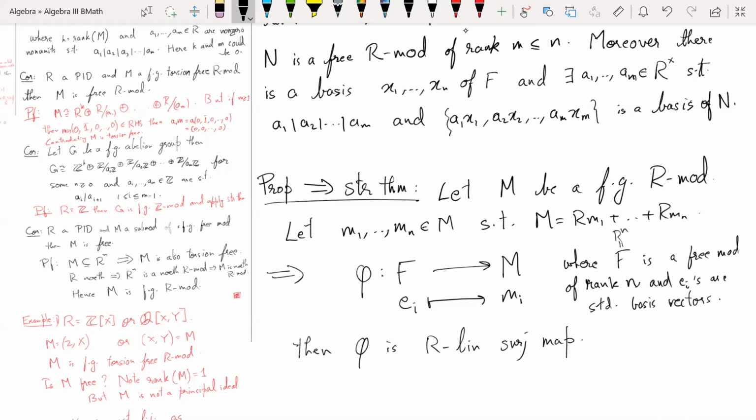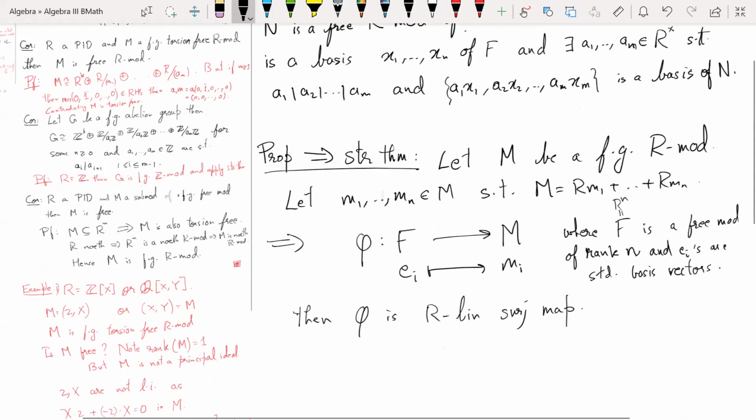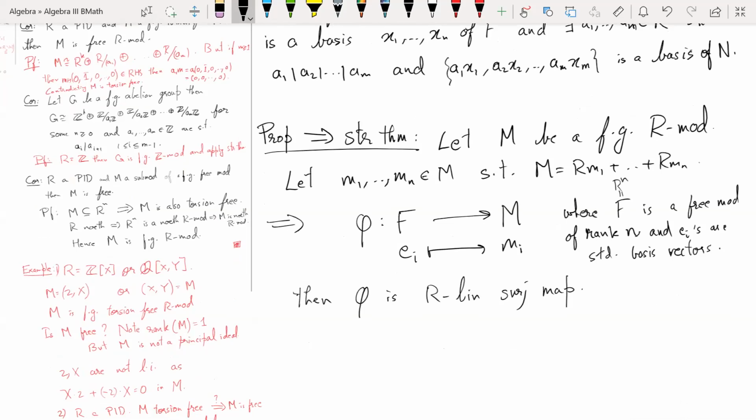Phi extends to, so how does phi extend? Maybe I don't want to use a1 to an, but b1 to bn goes to the summation of bi mi.